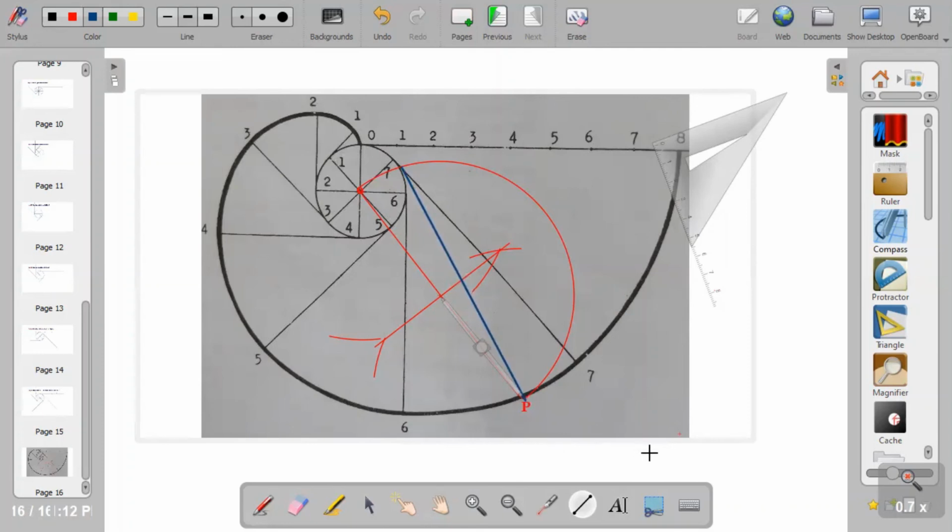In order to draw the tangents, you can use a set square to bring out the tangents. You can also use your compass to draw arcs. So I want to start from point P, using the arc method.